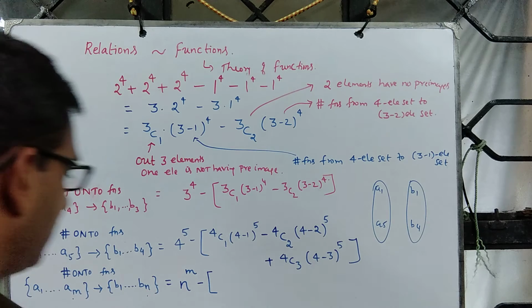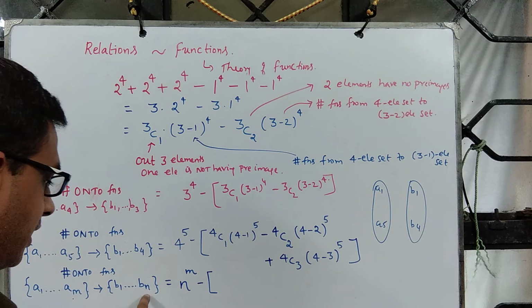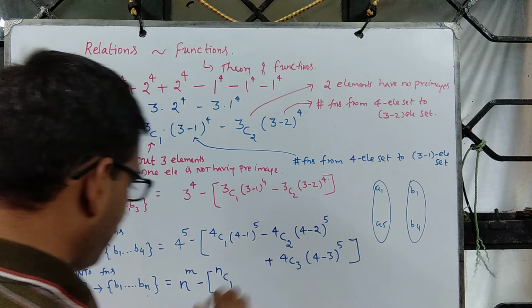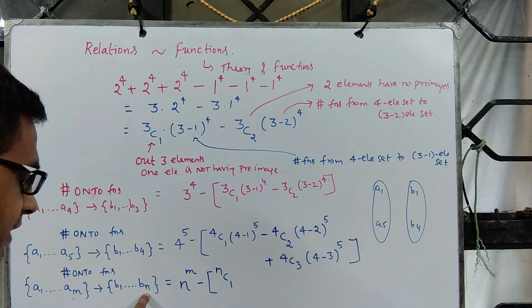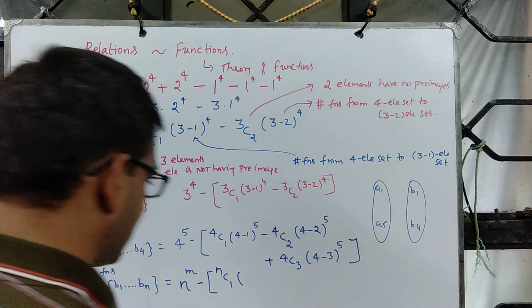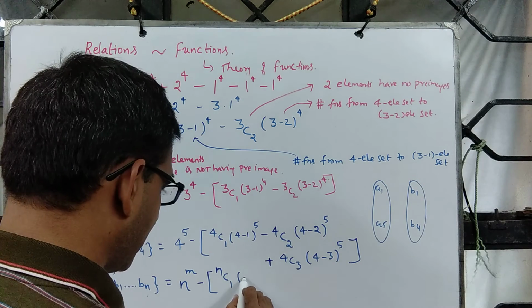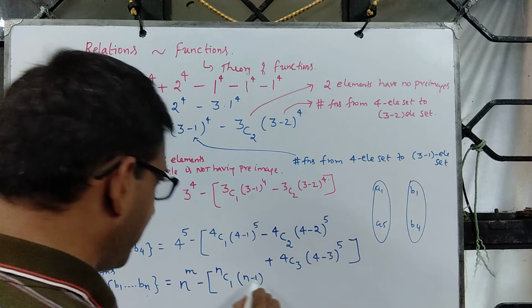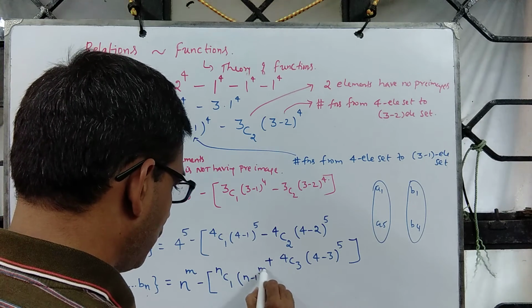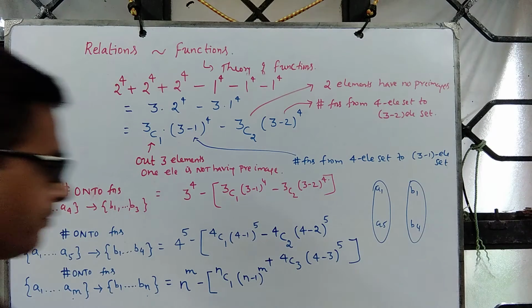In that, you see that n choose 1, exactly one element is not having a pre-image, which means you are left with n minus 1 elements. They have to be mapped to this n.